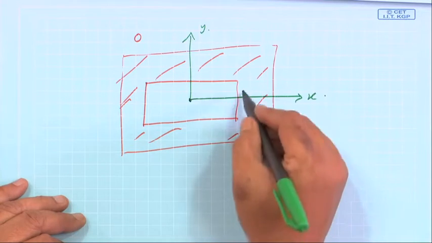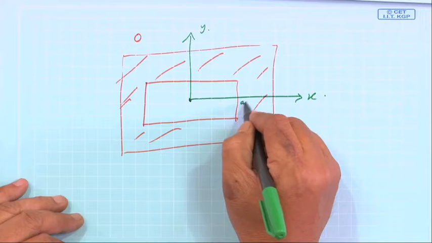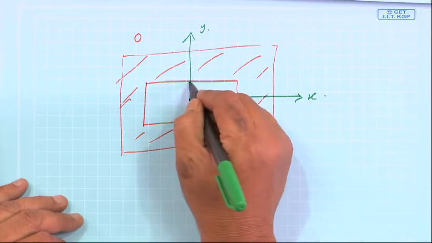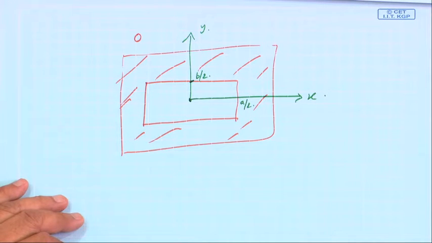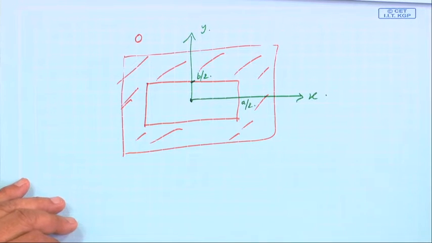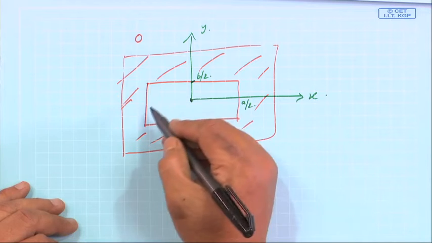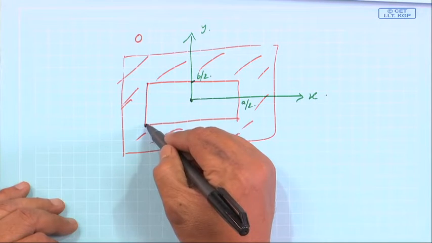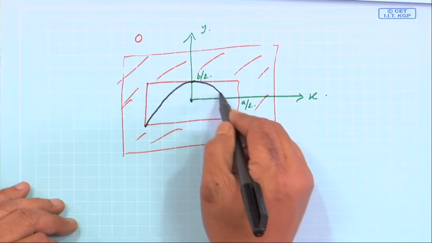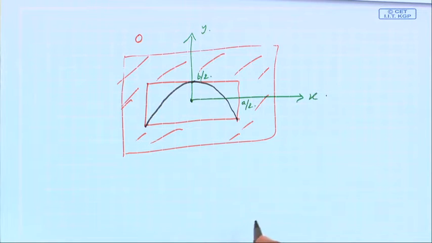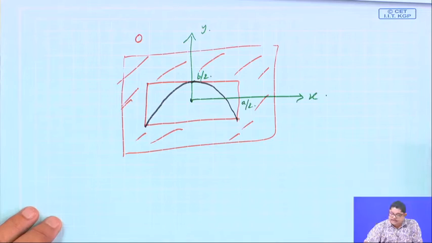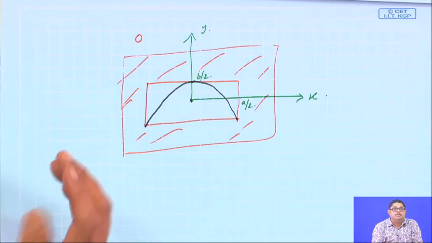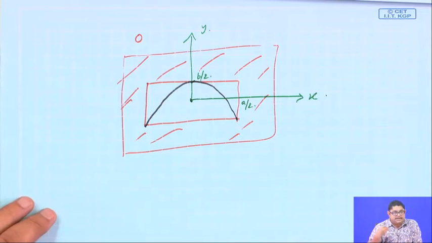Now, this dimension is as before a by 2, this one is b by 2, and here the field will be something like this, a cosine variation. So, this is a T10 mode excitation inside the waveguide.